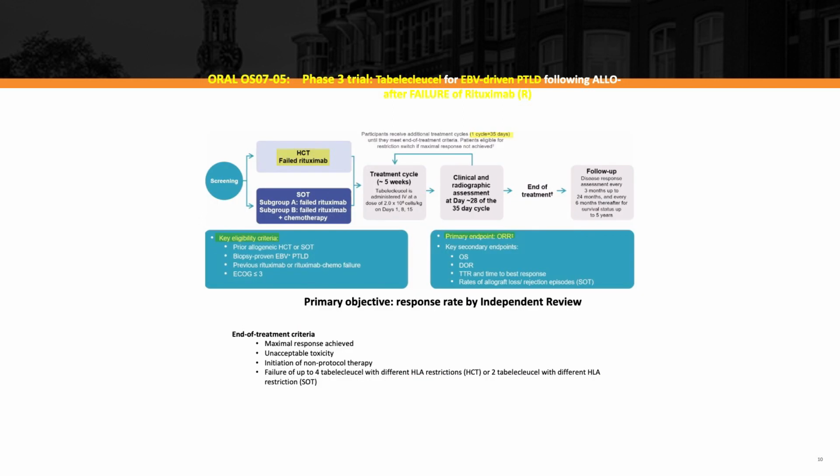Here is the design of the study. The patients with hematopoietic transplant that fail rituximab can go to the study, and the solid organ patients can go into 2 groups, one that fails rituximab, another group that fails rituximab plus chemotherapy.